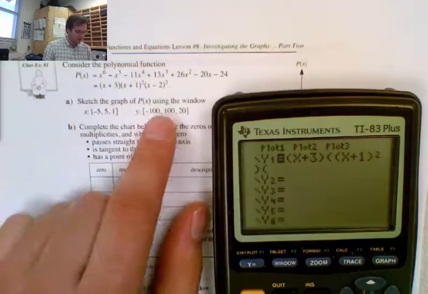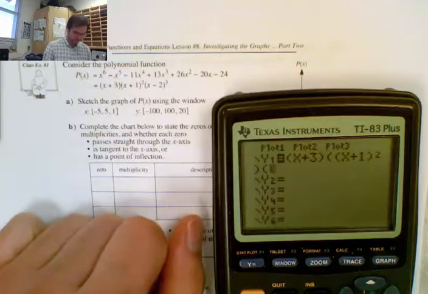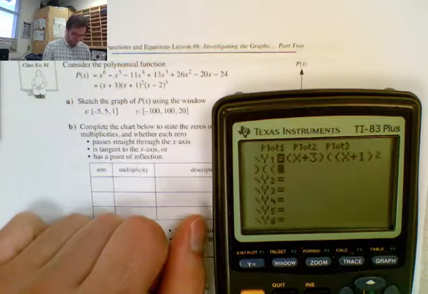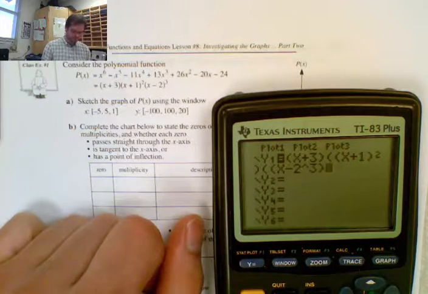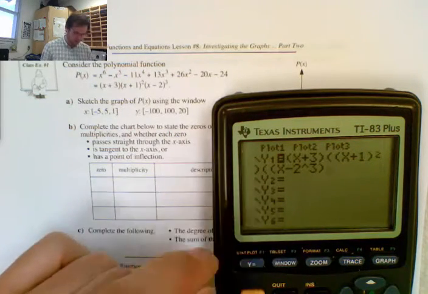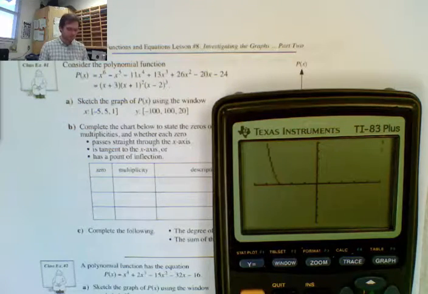And we have our last one, x minus 2 cubed, and x minus 2 is to the power of 3. And do I have all of my brackets? I believe so. So now we're going to graph it.